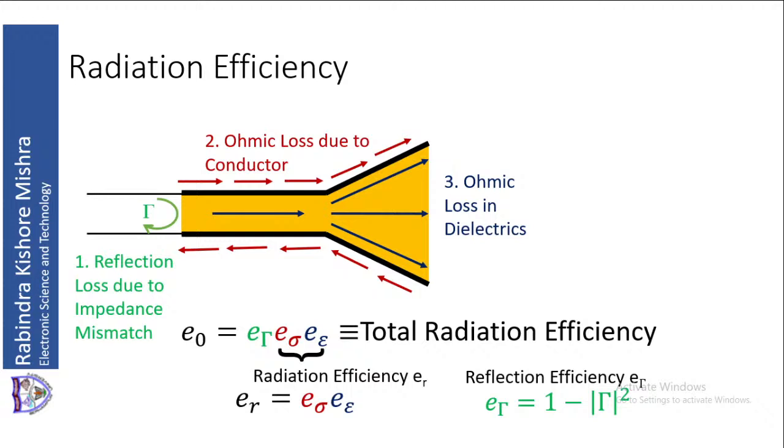That is the total efficiency. The reflection efficiency and the radiation efficiency are defined as: e_r for radiation efficiency is equal to e_sigma e_epsilon, and reflection efficiency is defined as 1 minus gamma squared, gamma being the reflection coefficient. So this is how you define the radiation efficiency.